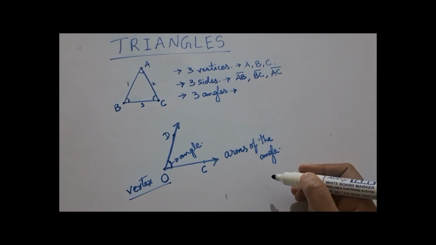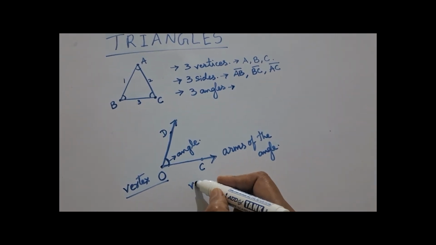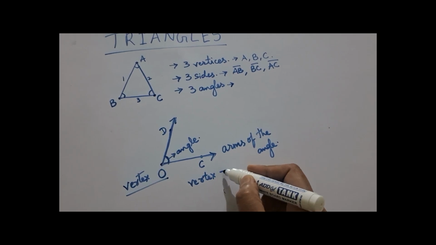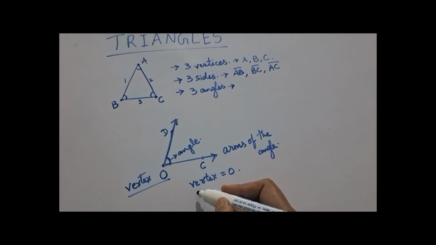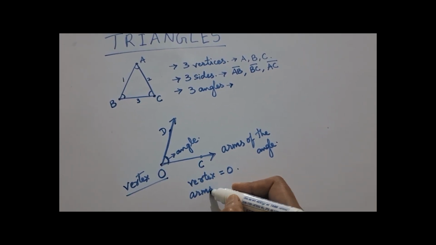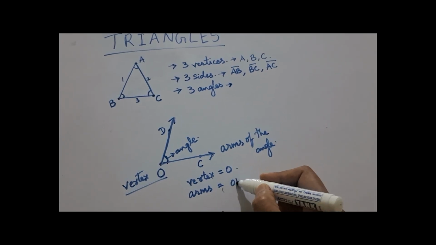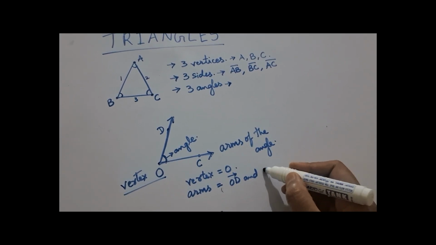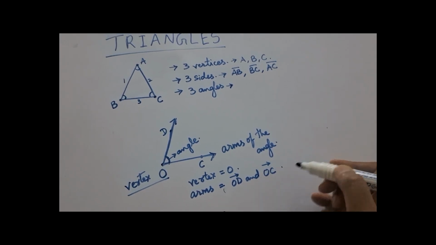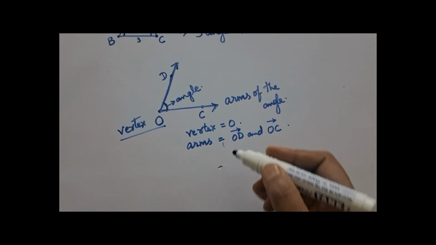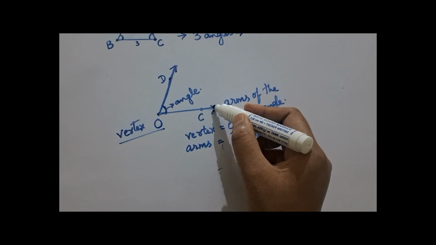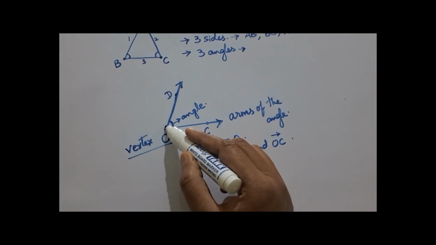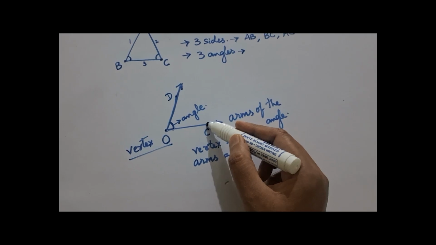Here, what is the vertex of this angle children? Vertex is O. And what are the arms of this angle children? Arms are OD and OC. And what is the name of this angle children? It is named as angle DOC.